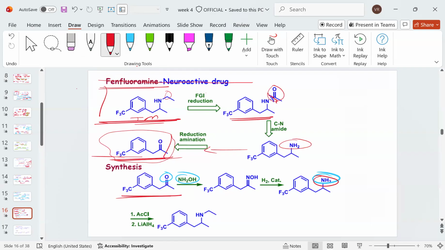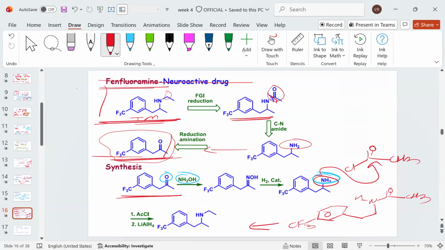Now, when you react this amine with acetyl chloride or acetic anhydride, what will happen? On reaction with acetyl chloride, it gives the amide with CF3 and NH.